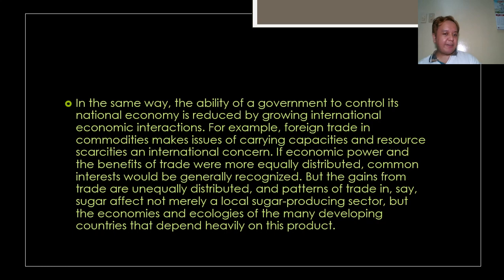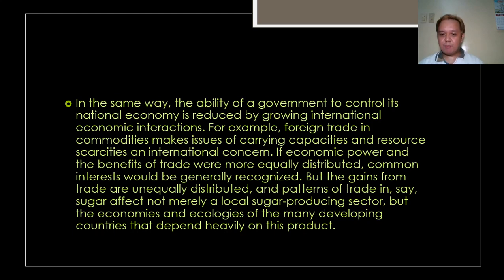In the same way, the ability of a government to control its national economy is reduced by growing international economic interactions. For example, foreign trade in commodities makes issues of carrying capacities and resource scarcities an international concern.